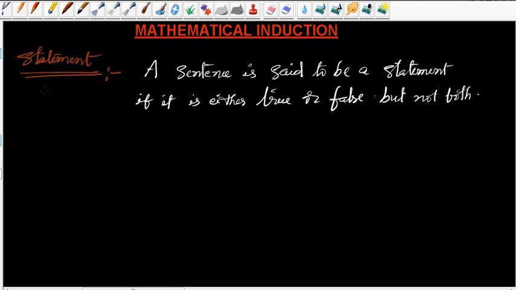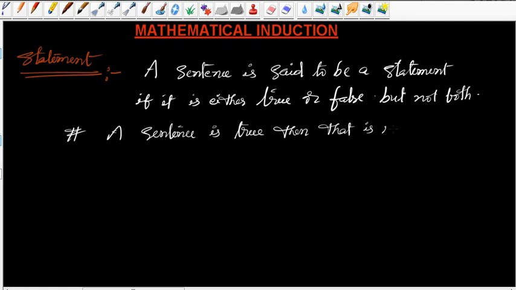Every statement has a truth value, and the truth value is important here. If a sentence is true, then that is called a true statement.